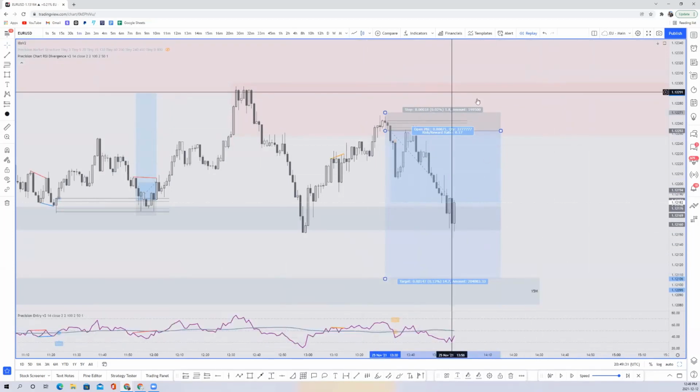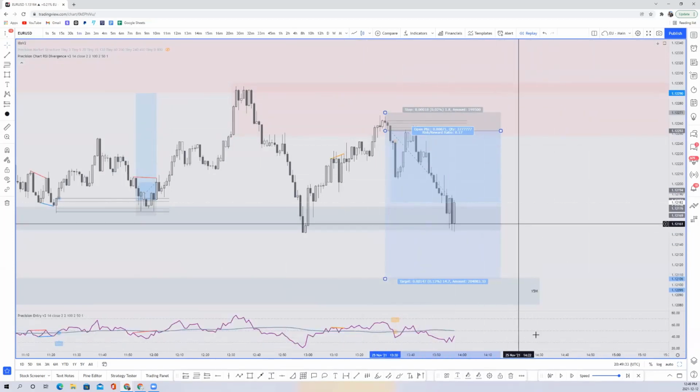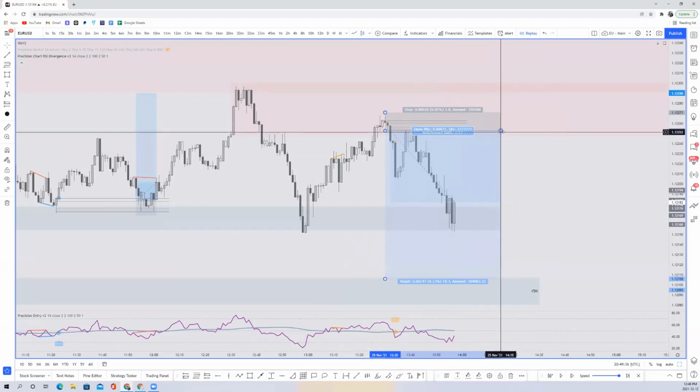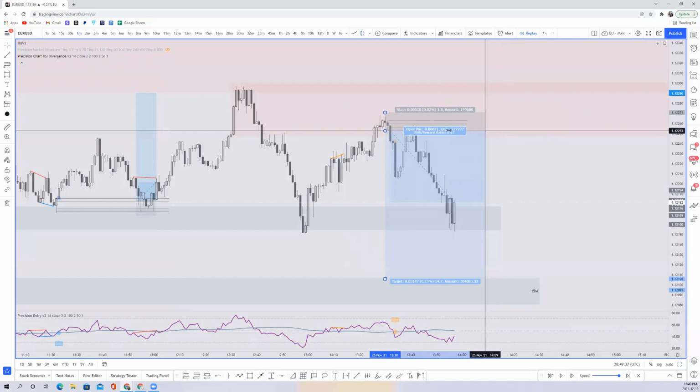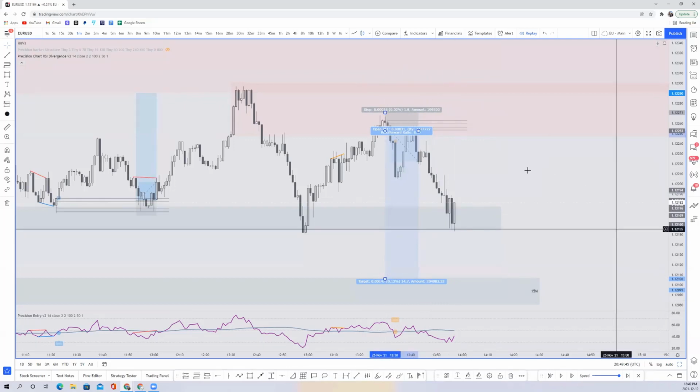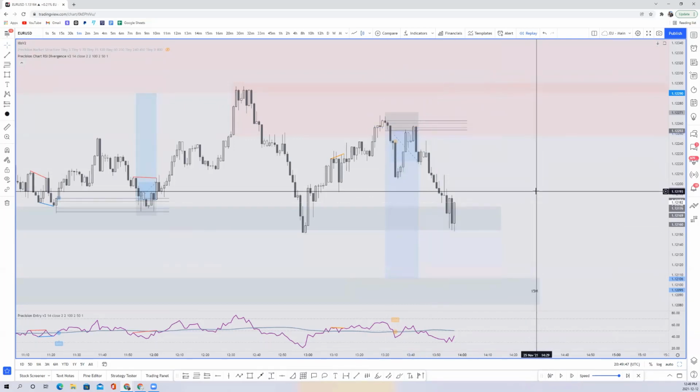You're obviously risk-free on this trade right now. If you want to not be greedy and say you're going to pay yourself at this demand, you could partial out 50, 60%, take something off the table. There's nothing wrong with paying yourself. There really isn't.